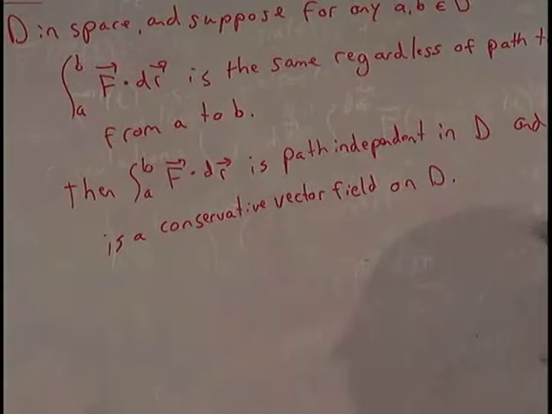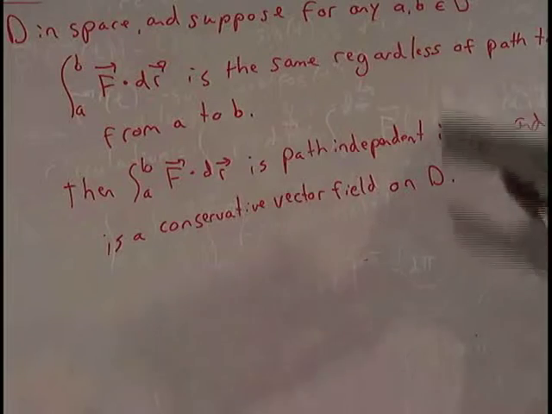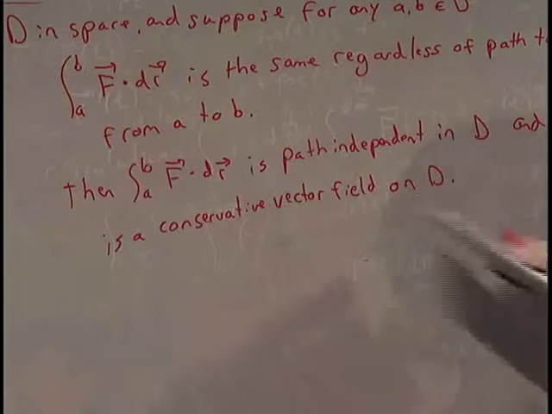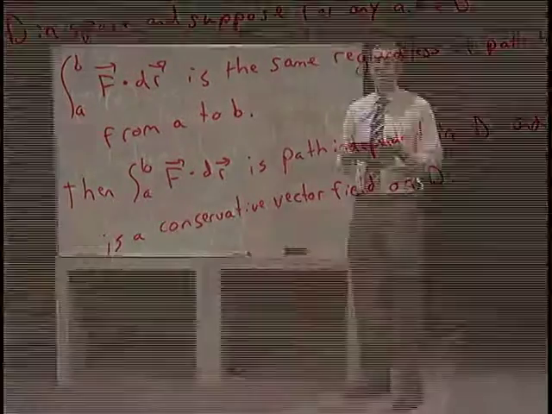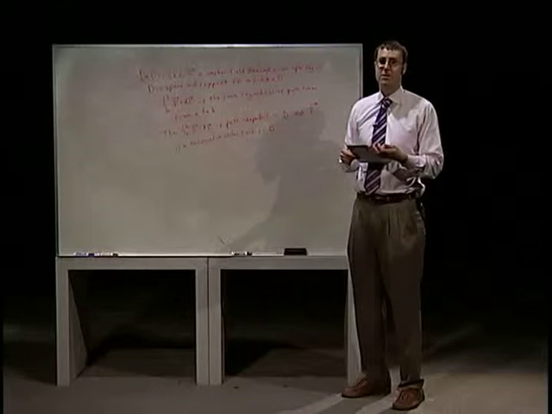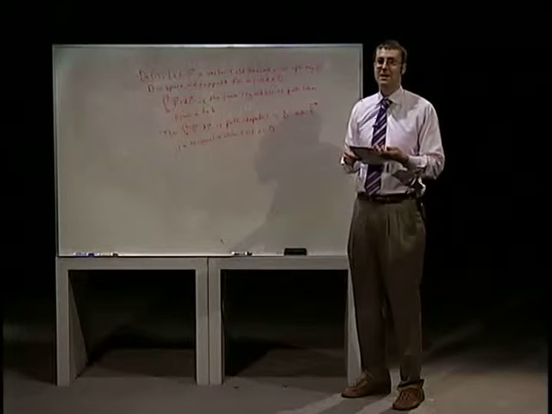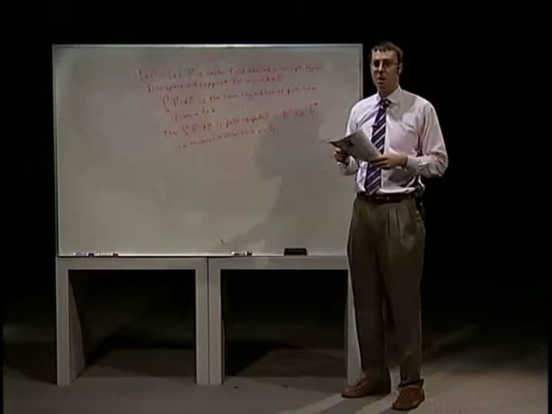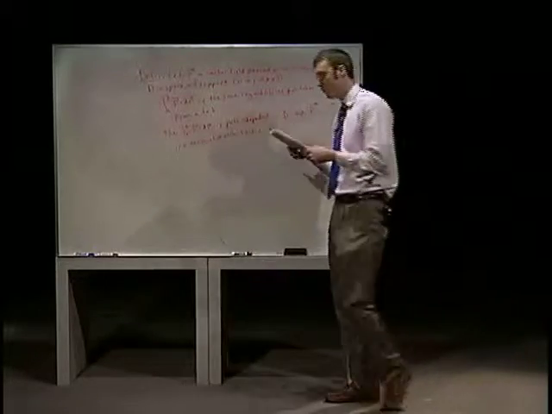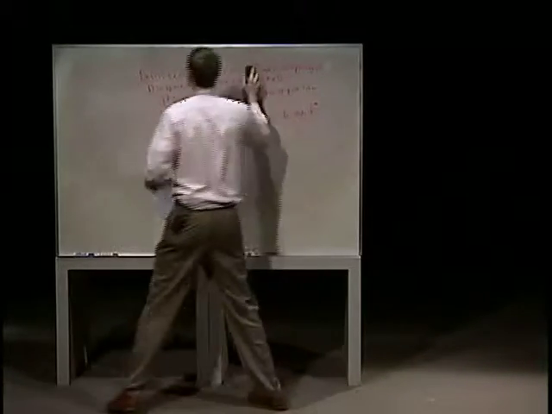So the integral is path independent if this is the case, and the field itself is called conservative. And we know from examples that not every vector field is conservative, right? The ones we had in the previous examples, most of them, I think all of them, were not conservative. Okay? So that's the definition.